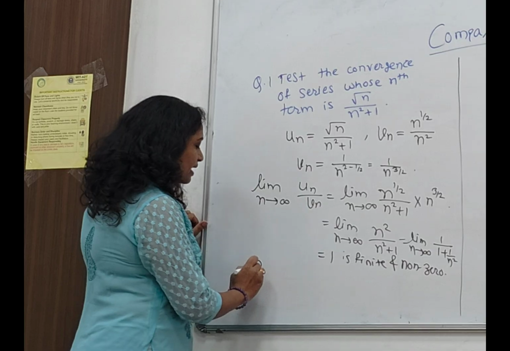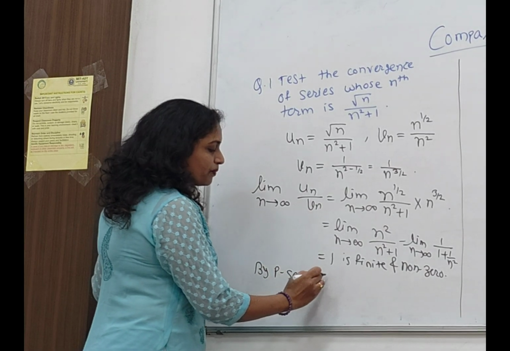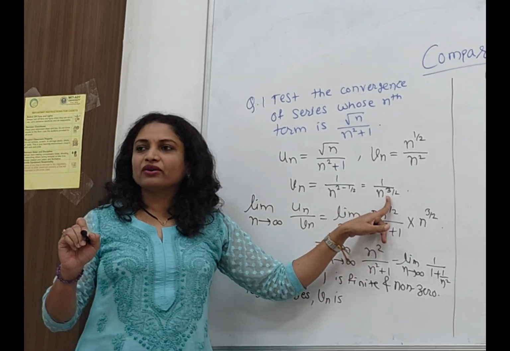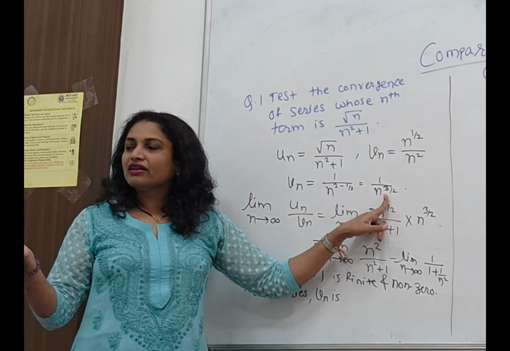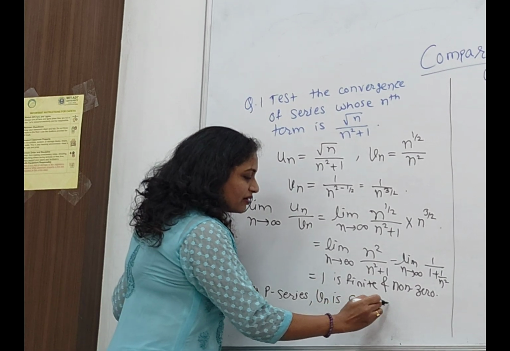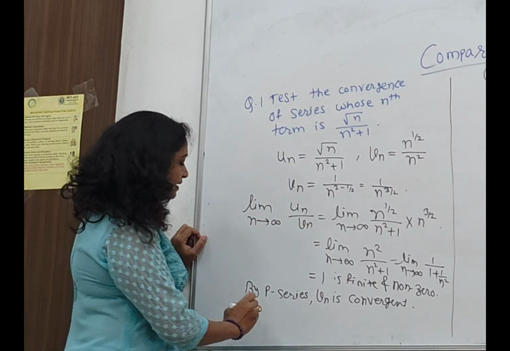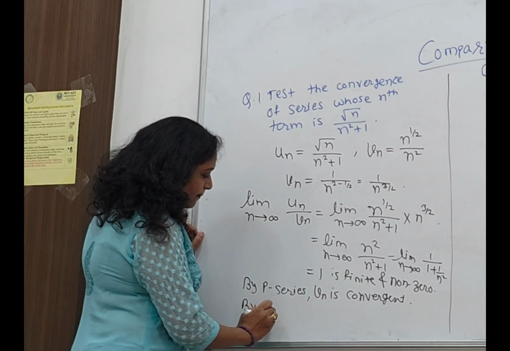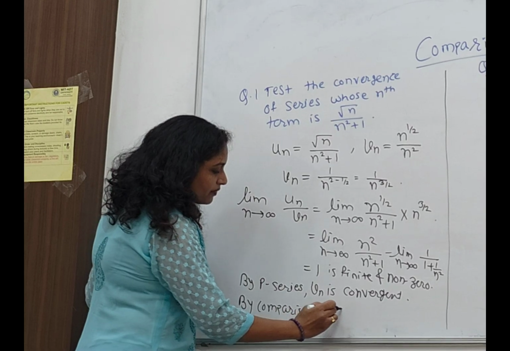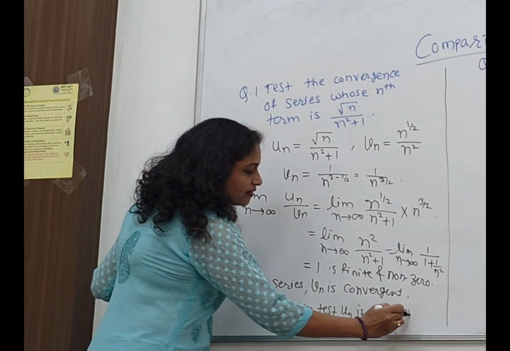By the P series, is it convergent or divergent? The power is 3 by 2, and 3 by 2 is greater than 1, so it is convergent. Bn is convergent, and by the comparison test, Un is also convergent.